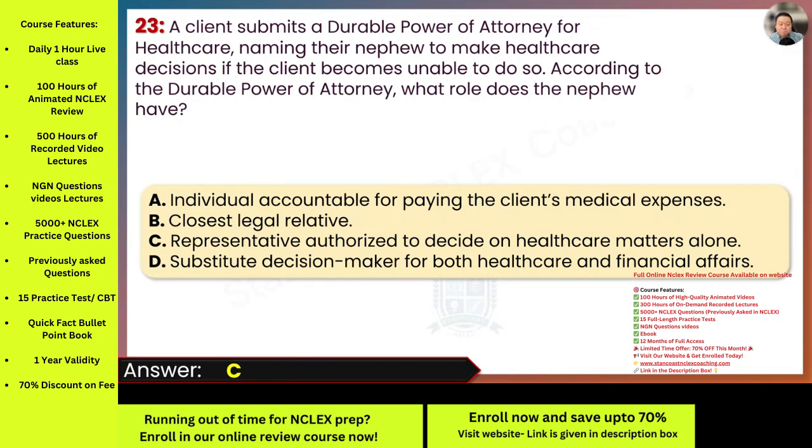And so you have to understand the scope of legal documents in this case. Again, the durable power of attorney for healthcare is only for healthcare decisions. Again, it doesn't cover financial matters or legal kinship.